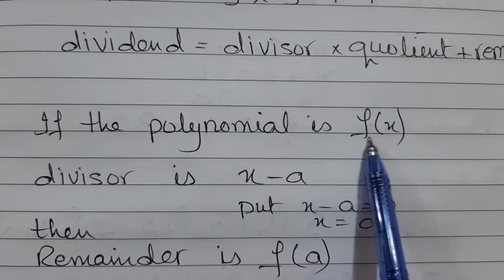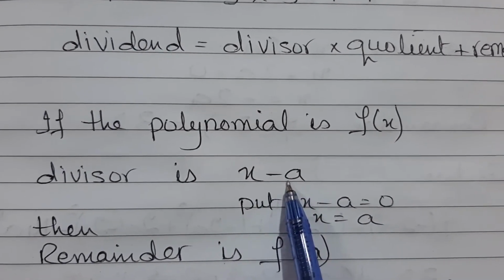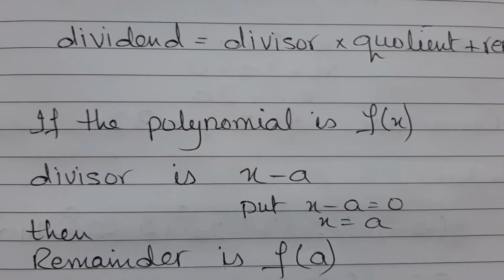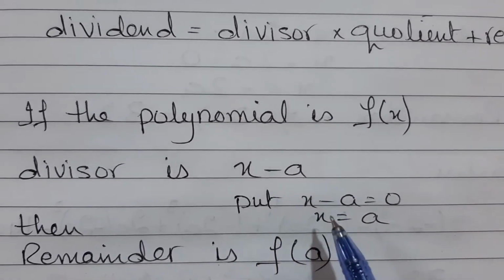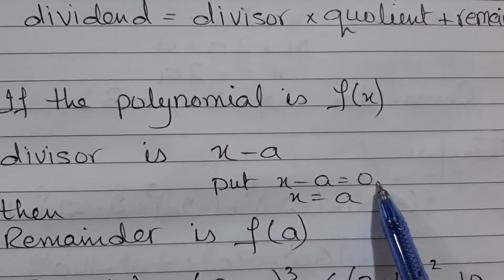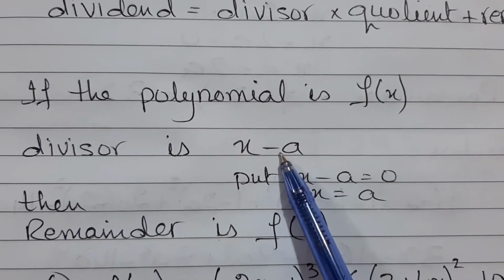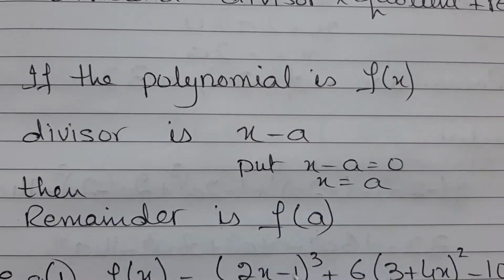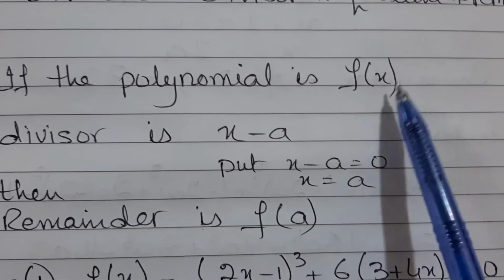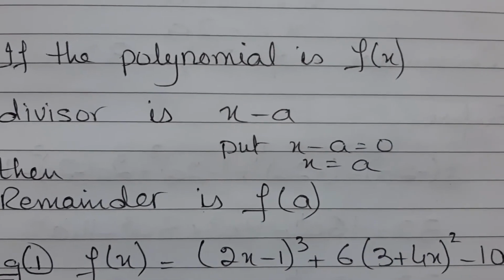So if you have a polynomial and you have to divide it by this, then rather than doing long division, what you do is, from the divisor you get the value of x. So put the divisor equal to 0 and get the value of x. Right now it is a. I will take an example in which it will be a number. And then that value of x you plug in here in your polynomial and you will get the remainder.